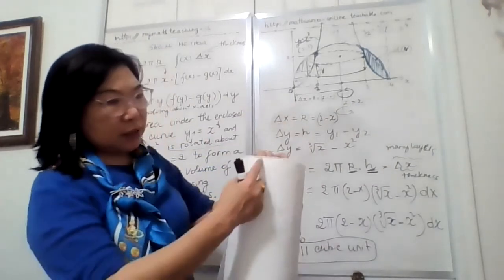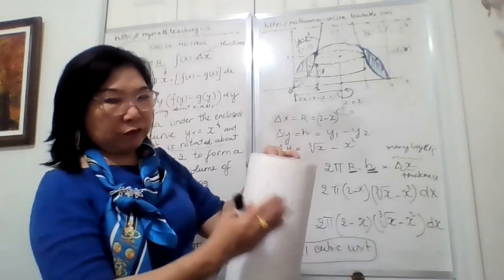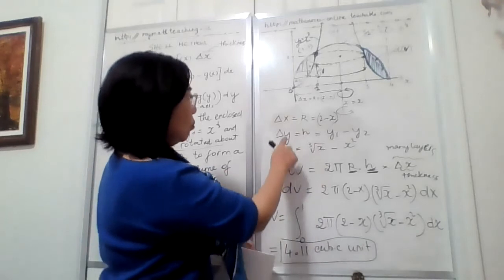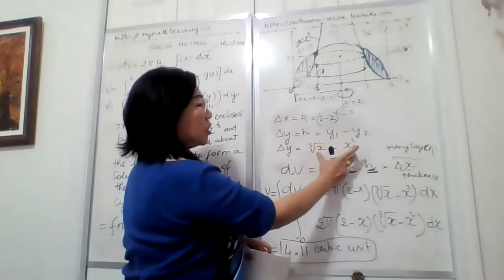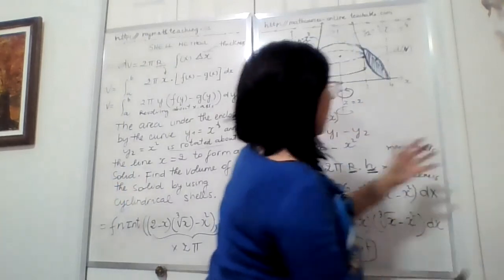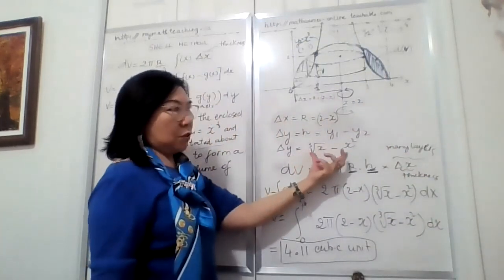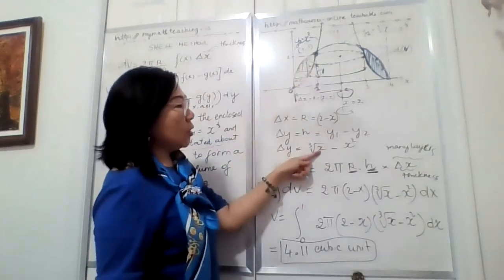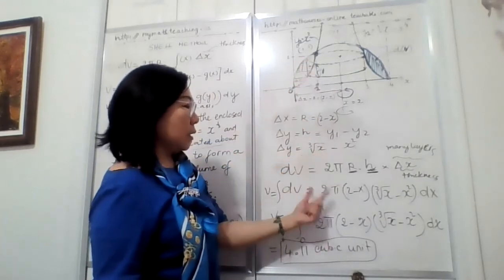But the height here is a subject of change according to the function. So the height we call delta y, and delta y is the two functions subtracted from each other, right? Make sure when you do this, you keep in mind which one lies above and which one lies below, right? So the above one subtract the below one.